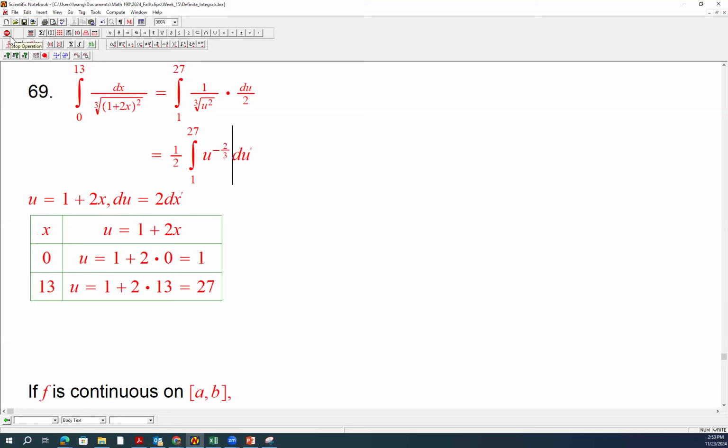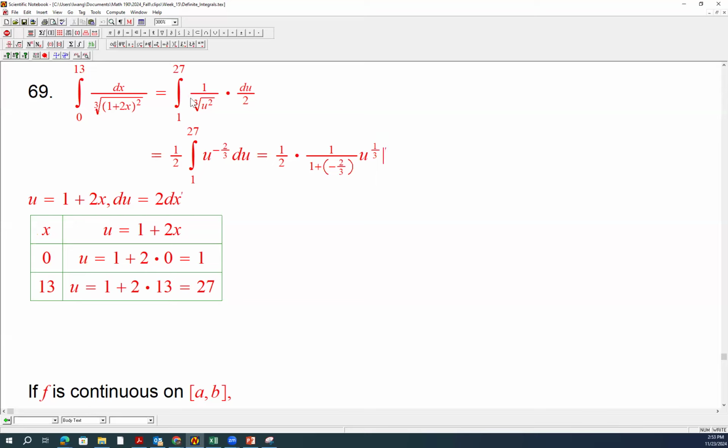Then we use the power rule to get the antiderivative of u raised to the power of negative 2/3, and don't forget the half. The antiderivative is going to be u raised to the power of 1 plus negative 2/3, which is 1/3, divided by 1/3.